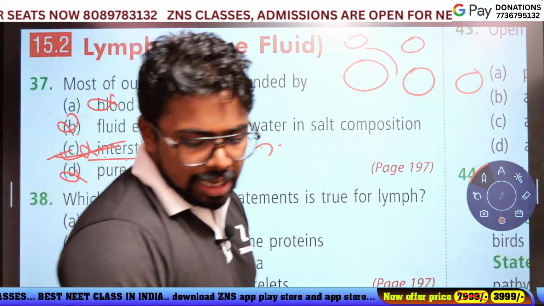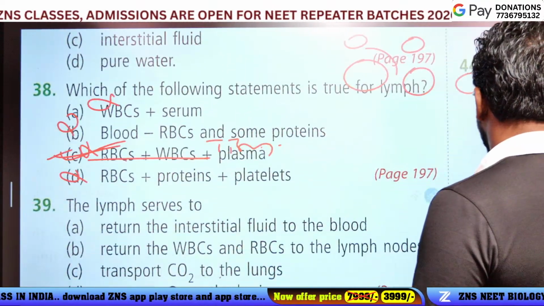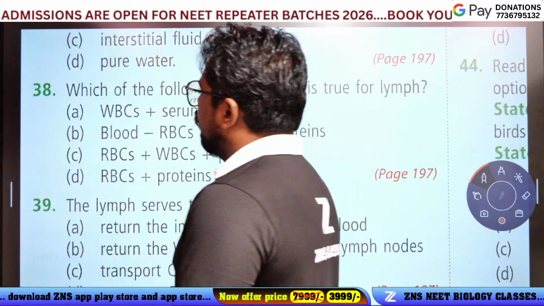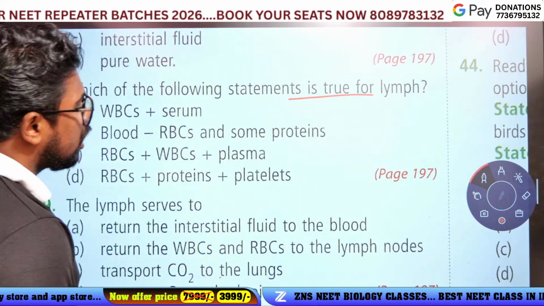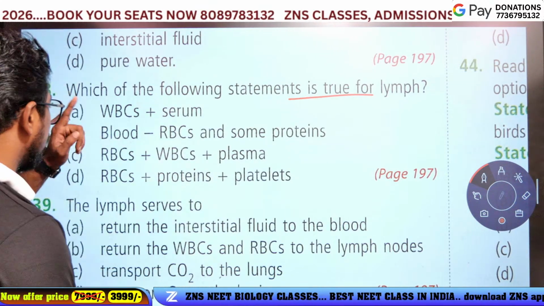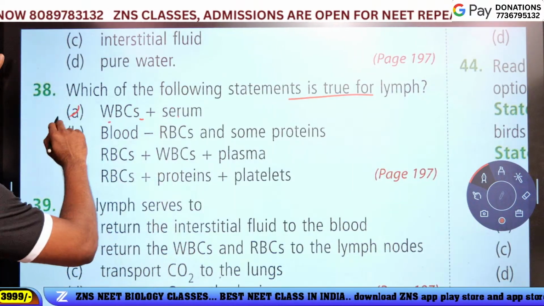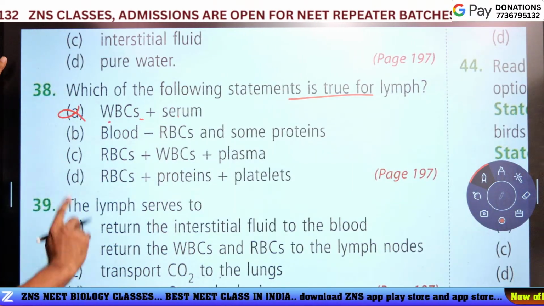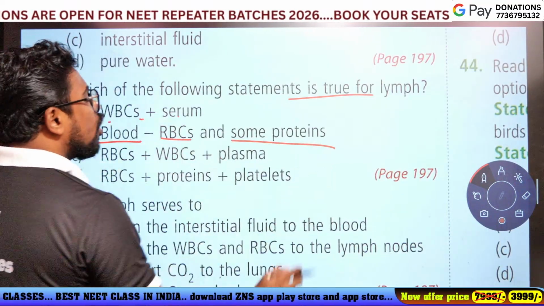Okay, the next question, 38. It's a super question. Which of the following statements is true for lymph? Please note this question in your NCERT book, because this type of question is important. WBC plus serum? No, that is not lymph. Lymph is blood minus RBCs and some proteins.